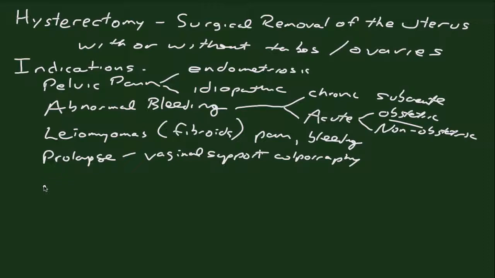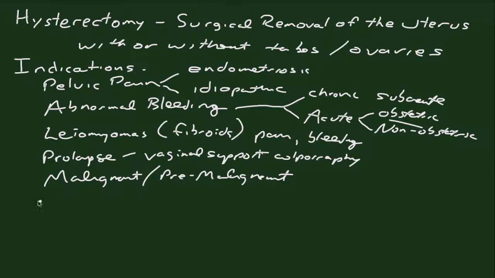Another broad category of indications would be malignant or premalignant disease. This might be done for cancers of the uterus, the ovaries, or the cervix, and for premalignant diseases such as recurrence of cervical intraepithelial neoplasia or endometrial hyperplasia.